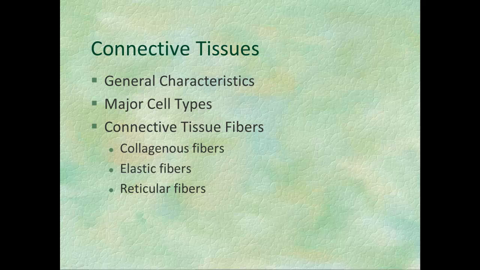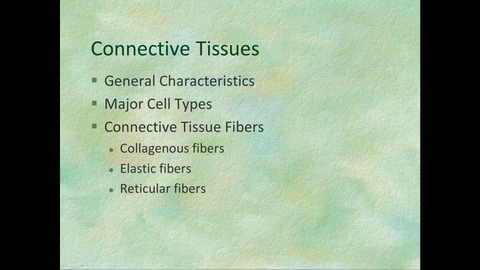Elastic fibers are composed of a different protein called elastin, and you have very small fibrils that are embedded with this protein elastin. And as you might expect, these elastic fibers are very elastic. They can stretch, but they will rebound. They will return to their original length.